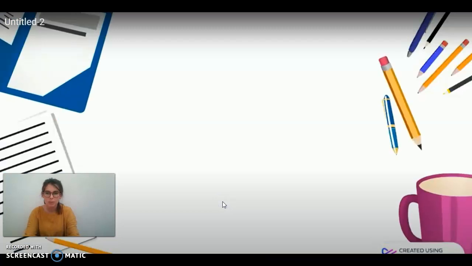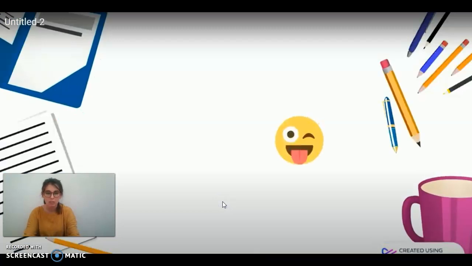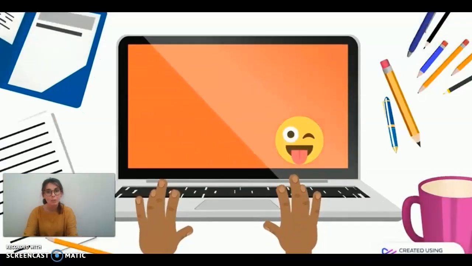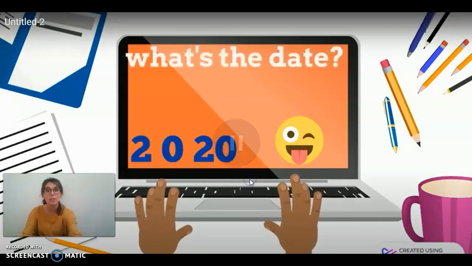And before we start with the activity and the contents, I want to make sure that you can tell me what day it is today. So what's the date today? What day is it and how do you say it? Do you remember how to say the date? How do you say the date today? So you would say it's the of and the month 2020, right?